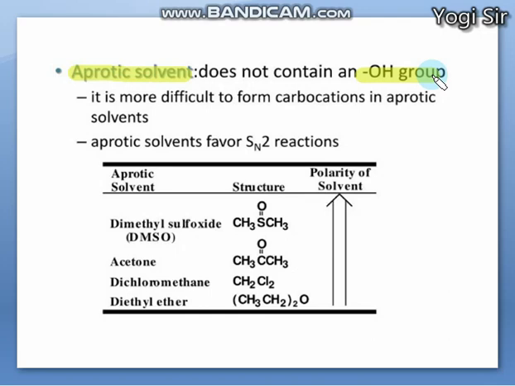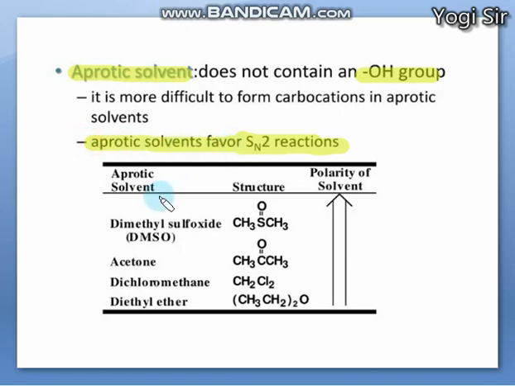Such aprotic non-polar organic solvents are mostly non-aqueous in nature, oily organic solvents. When you select such solvents, the reaction will selectively undergo SN2, nucleophilic substitution 2, the bimolecular reaction.